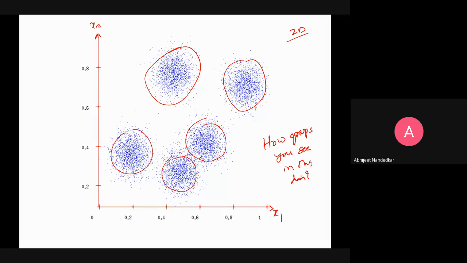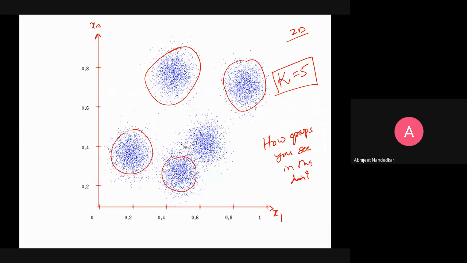So there may be k equal to 5. So k here in k-means stands for the number of clusters. So k equal to 5 means I am interested in 5 clusters.